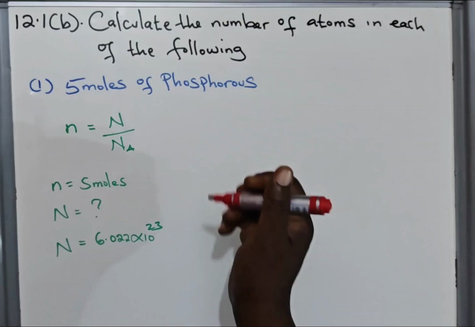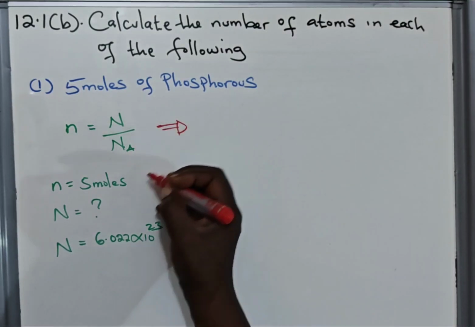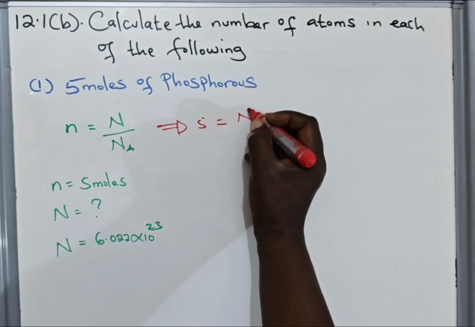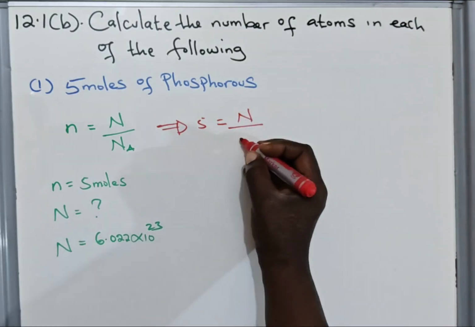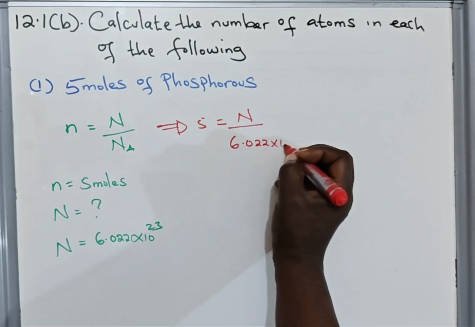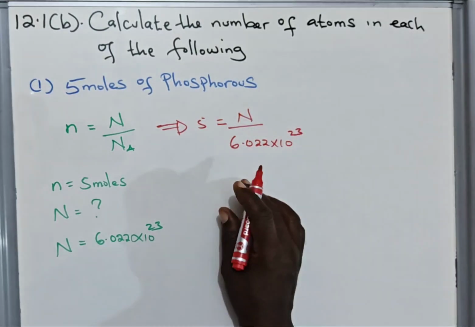So from here, what do we do? We substitute. In this equation, your n is 5. Your number of entities is what you are looking for, but you have Avogadro number, which is 6.022 times 10 power 23.